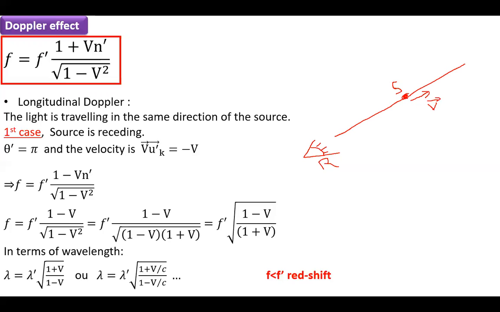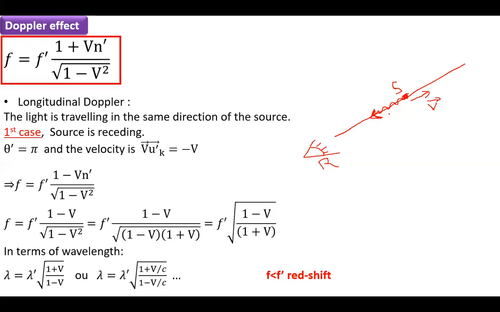let us suppose you are observing a mobile star or any mobile source of light traveling with a speed v in this direction, and it is emitting light towards the rest observer.